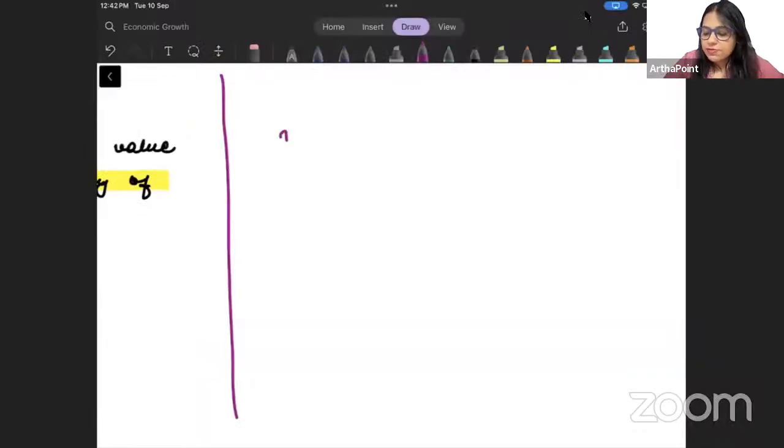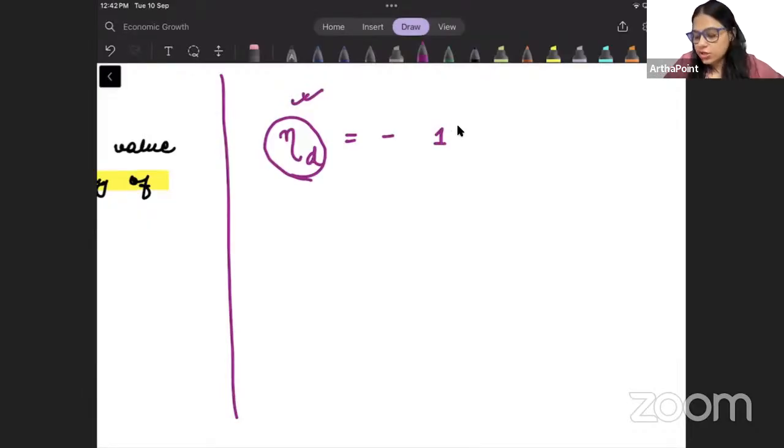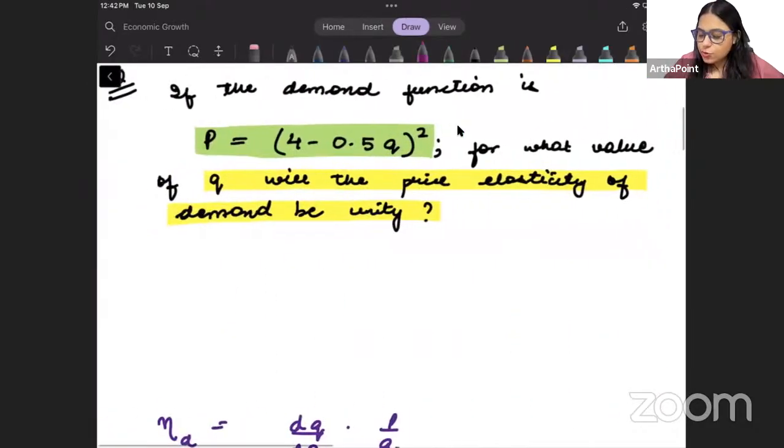So when I will be finding the elasticity of demand, जो भी यहाँ पे value आएगा, I will be equating this to -1. That is one thing which is important. If you don't want to equate this to -1 and you want to equate this to 1, then you can take the elasticity of demand in absolute value and equate this to 1. Right? So try to understand this thing.